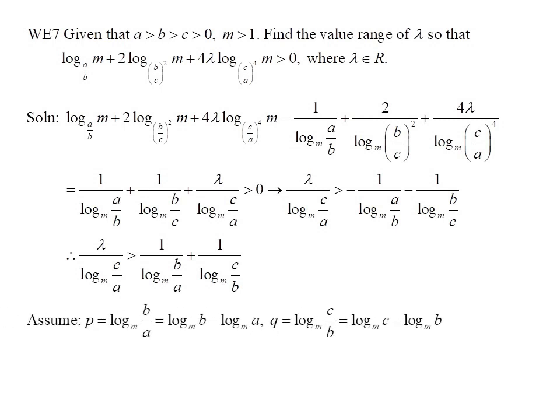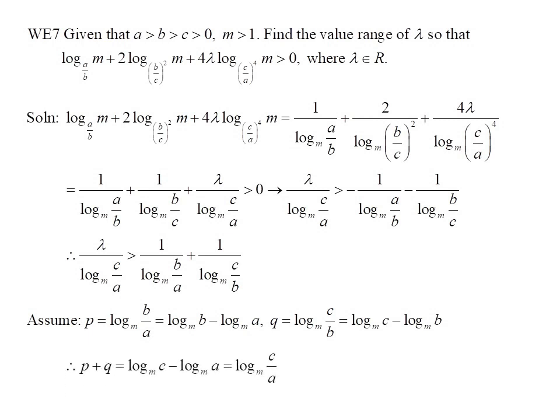To simplify the process, we here assume p equals logarithm base m of b over a, which equals logarithm base m of b minus logarithm base m of a. Similarly, we assume q equals logarithm base m of c over b, which equals logarithm base m of c minus logarithm base m of b.